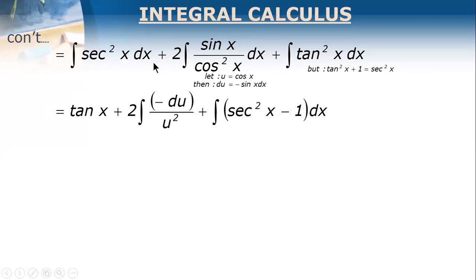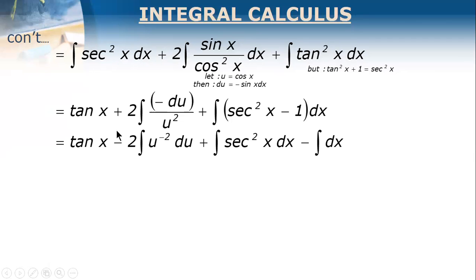The integral of secant squared x is tangent x, plus 2 sine x dx is actually negative du over u squared, with u as cosine x, and then tangent squared x replaced by secant squared x minus 1.